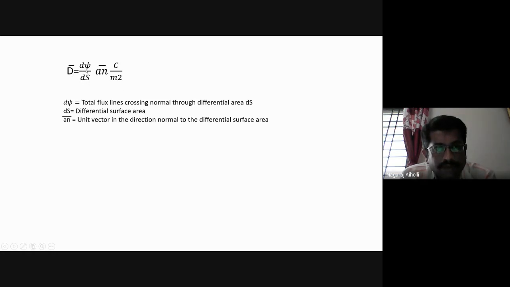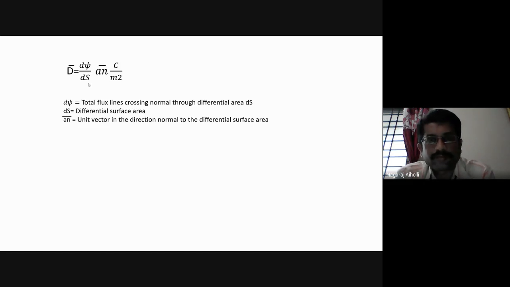Why have I taken D bar is equal to d psi by ds? What is the reason? Can anybody tell me? Why have we taken an bar? Yes, students, what is the reason that we are considering D bar is equal to d psi by ds?